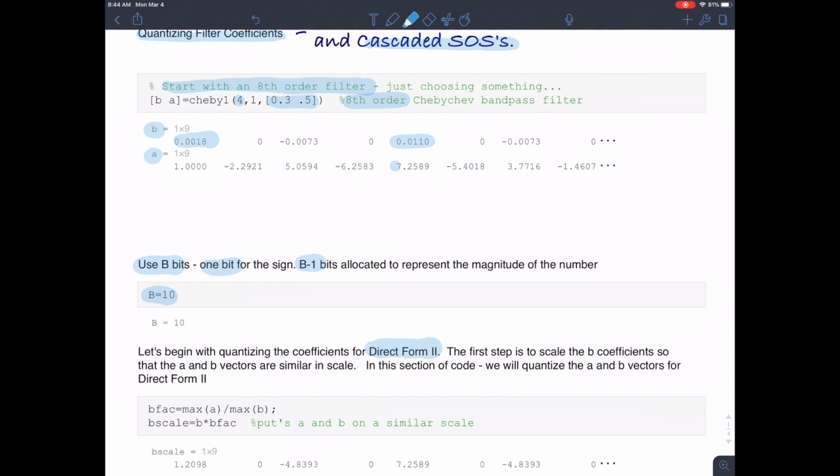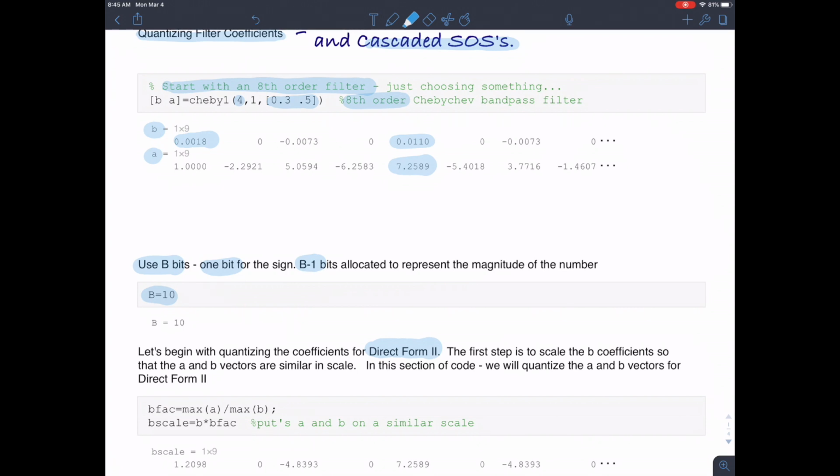Compared to the A coefficients, that's a lot smaller, 7.2589. You're going to have to allocate some bits to the integer part of this number to represent the A's, and all those bits would be wasted on the B's because they're not of similar size.